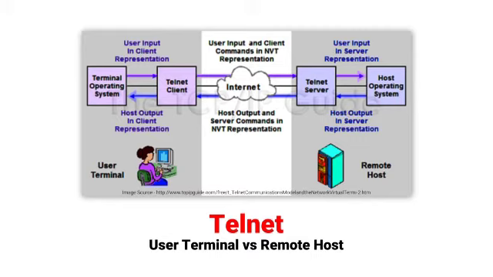And then you have a Telnet server and the host operating system. So it shows the connectivity of how a Telnet client and a terminal operating system, through the internet platform or internet gateway, is getting connected to the Telnet server and its representative operating system. So that is what it is.